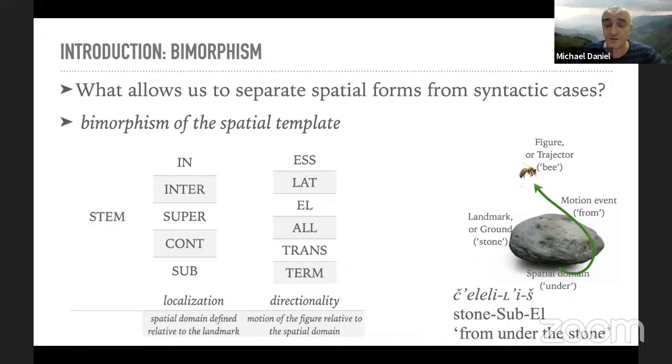It had very different names, like motion case as opposed to syntactic case, or orientation, but orientation was then used for a very different thing, for localization. So there is a kind of confusion in terminology. And I want to stay with these two terms that I'm using here: localization, which is, let's repeat, a spatial domain defined relative to the landmark, and direction, the category of directionality, or motion or absence of motion of the figure relative to the spatial domain.